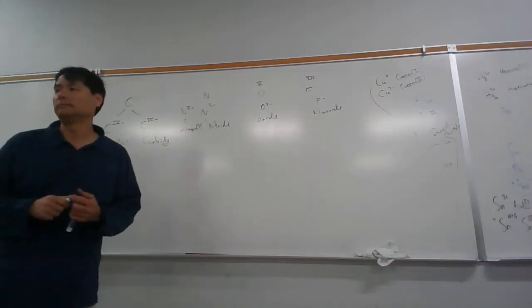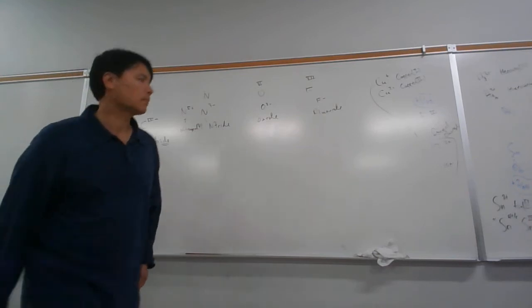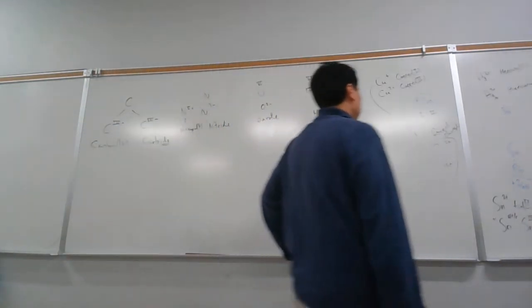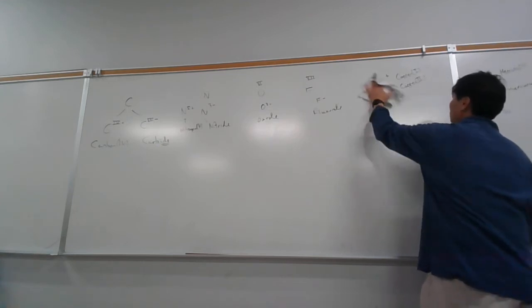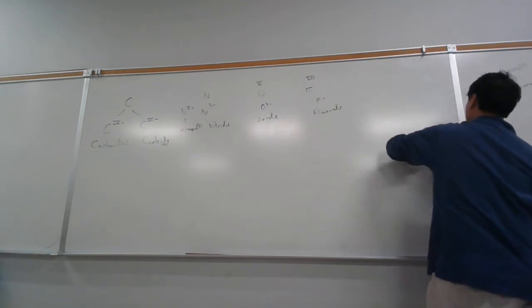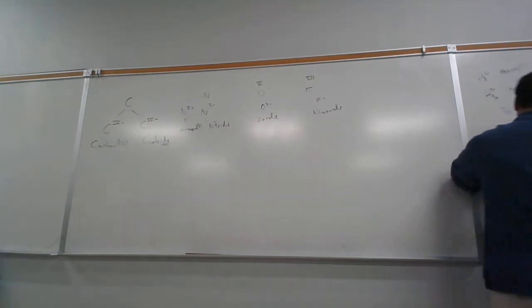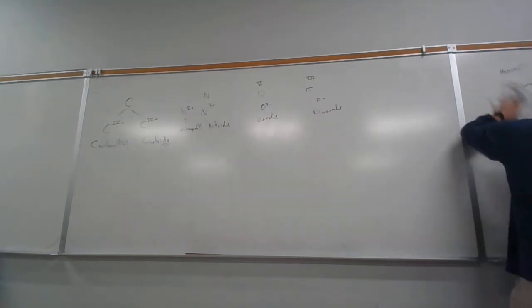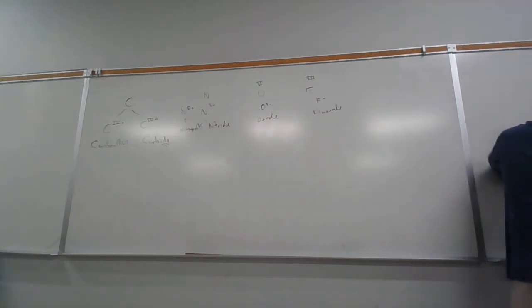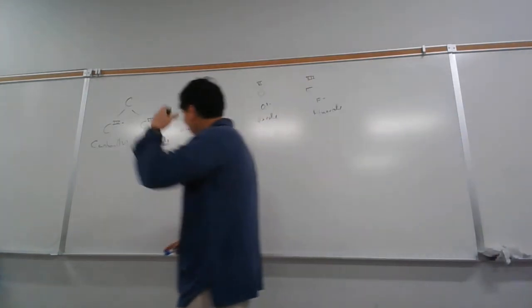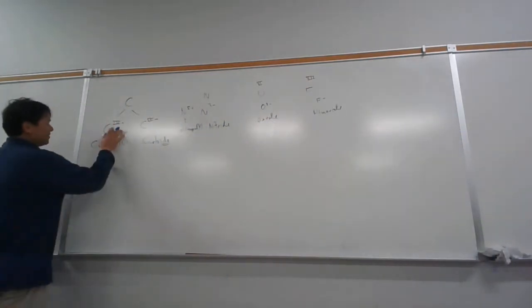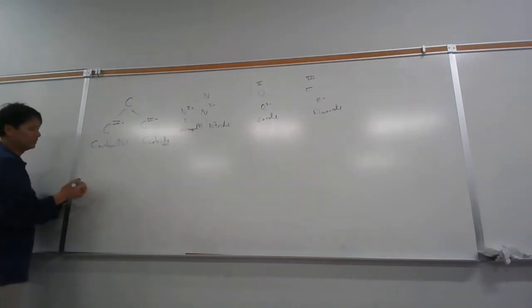When you say lose, do you mean like when it bonds to another molecule, or do you mean like it leaves the base? No, it bonds to another atom or atoms. So this is what I mean by lose. Here, carbon is not going to lose them in the form of a standalone carbon plus 4 cation.